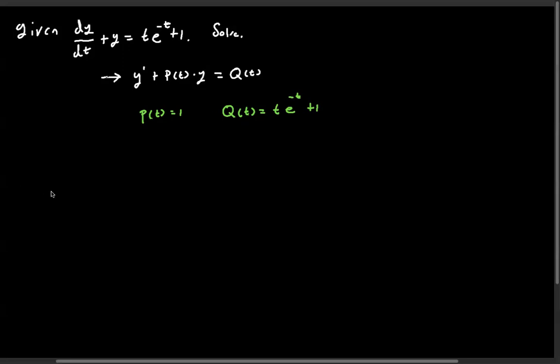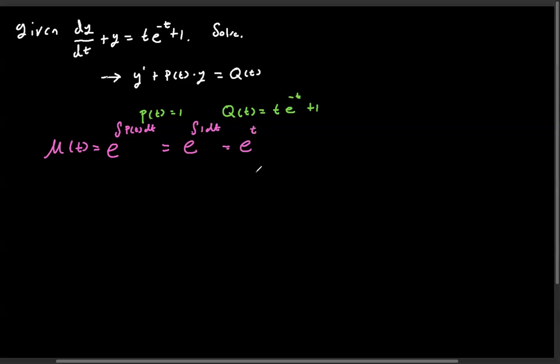If you can do this, then what you need to do is find the integrating factor. So how do you do that? Mu of t is e to the integral of P of t dt. In this problem, that's fairly easy. That would be e to the integral of 1 dt. The integral of 1 is just t, so that's e to the t.